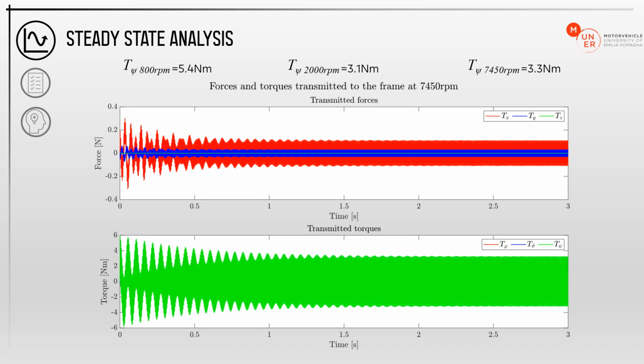So at the top of the slide, you can see that the torque transmitted at the idle regime is slightly higher than the other regimes. Anyway, its value is pretty low because we have already filtered the vibrations through the optimization of the engine mount.